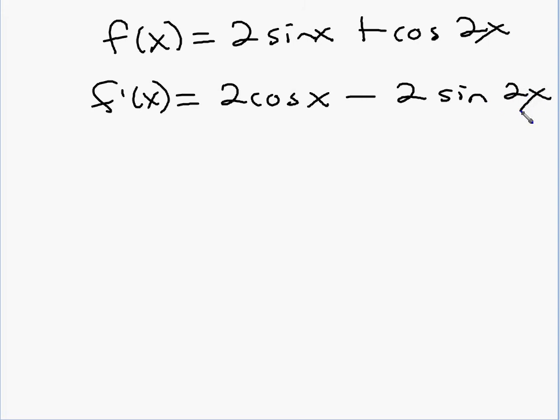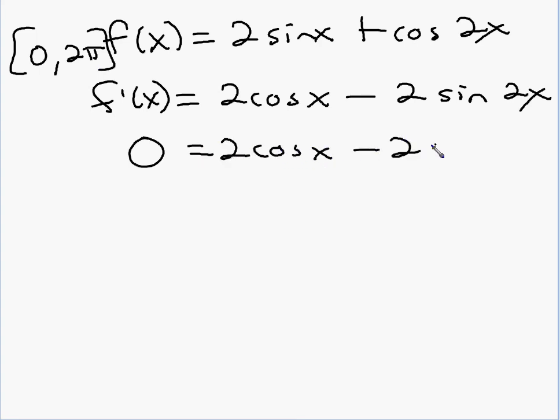I did use chain rule over there. I just kind of did it quickly. Now, by the way, let's say that we're looking at this on the interval 0 to 2 pi. Well, what am I doing? I'm setting this thing equal to 0. 2 cosine x minus 2 sine of 2x.